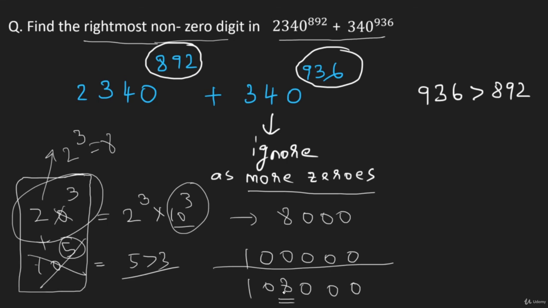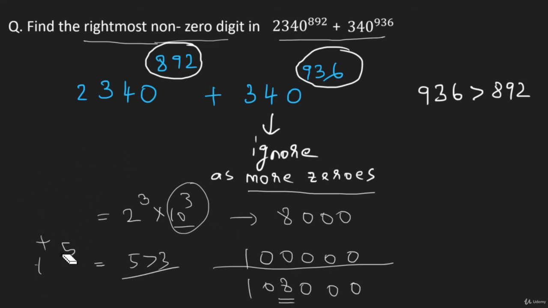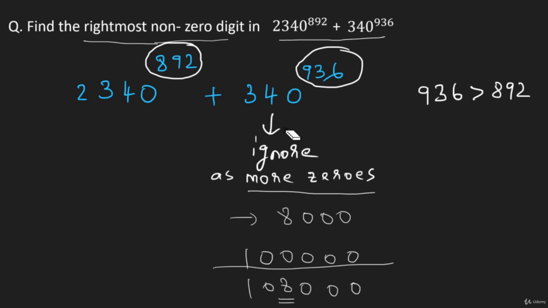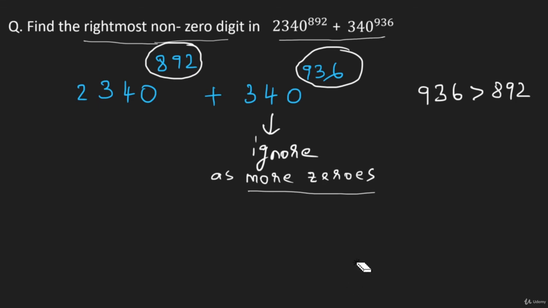Let's apply the same logic in this question. We have seen that 936 is greater than 892. Therefore I can ignore this number over here because it has more zeros, and I'm trying to find the rightmost non-zero digit. Alright, let's move on. So over here I have to only take 2340 to the power 892 to get the rightmost non-zero digit.